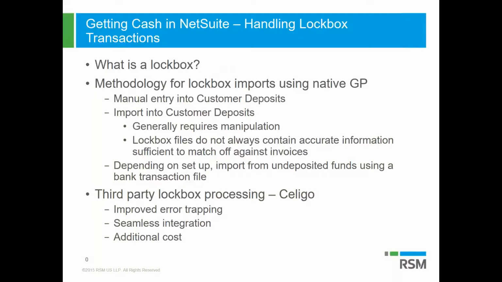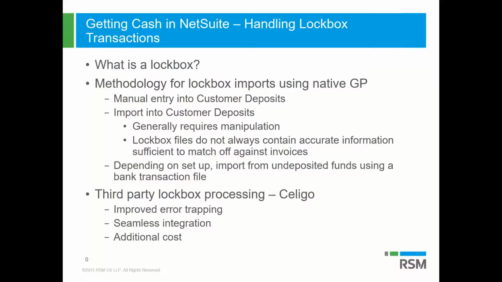So you have three options here. The first one is basic, good old-fashioned manual entry into customer deposits. I am sitting, I am keying. That's obviously the least attractive. You can also import into customer deposits.